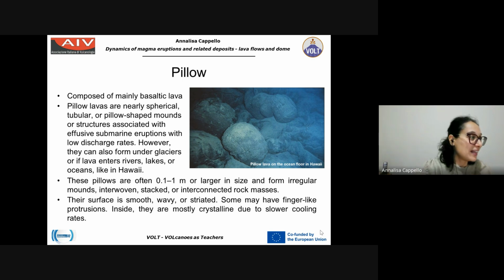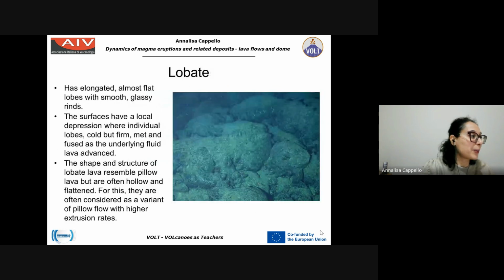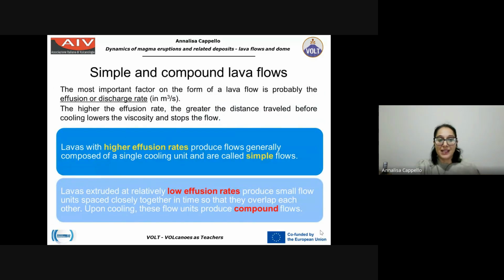Okay, let's see very quickly some characteristics of lava flows. One of the most important factors that influence the forms of lava flow is probably the effusion rate, which is measured in cubic meters per second.